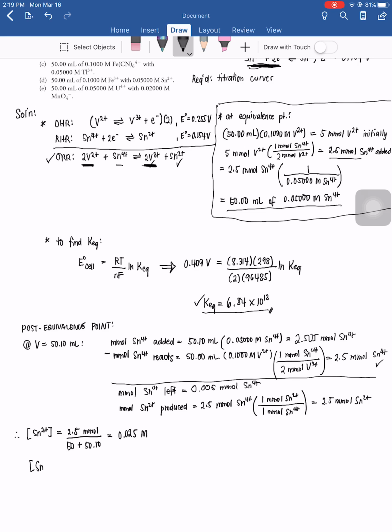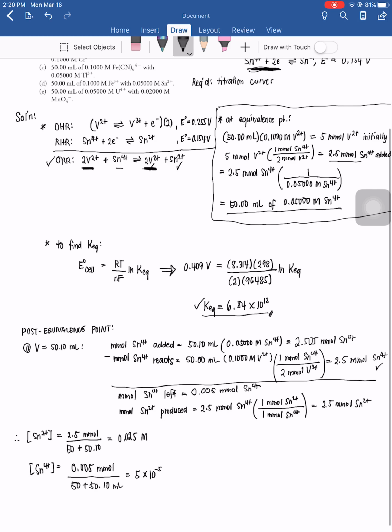And doing the same for our tin 4, we get 0.005 millimoles of the tin 4 divided by 50 plus 50.10 ml. So that's 0.005 over 100.1. That's around 5 times 10 to the negative 5 molar.